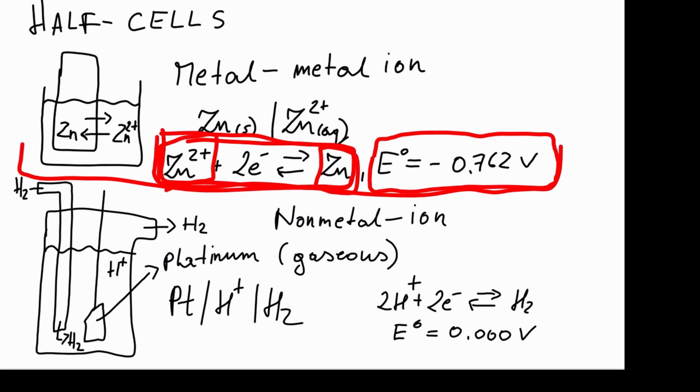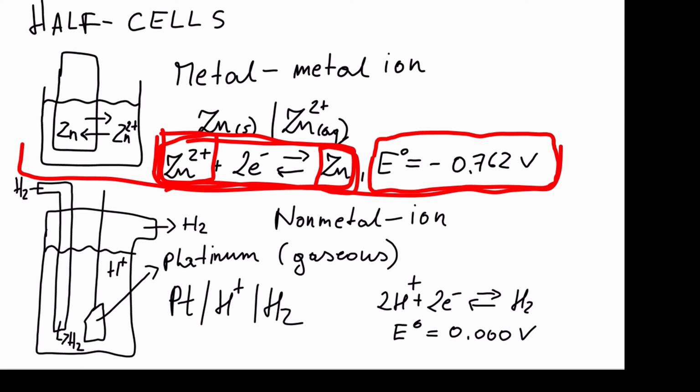So metal, in this case zinc, is oxidized to zinc cations. If this half cell works as a cathode, the reaction proceeds from left to right. There is a reduction of zinc cations to the metallic form of zinc.